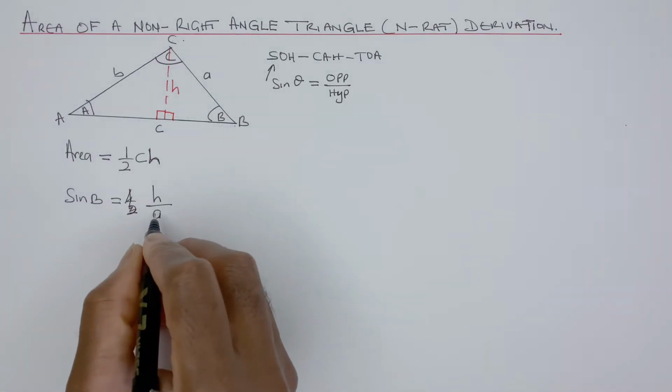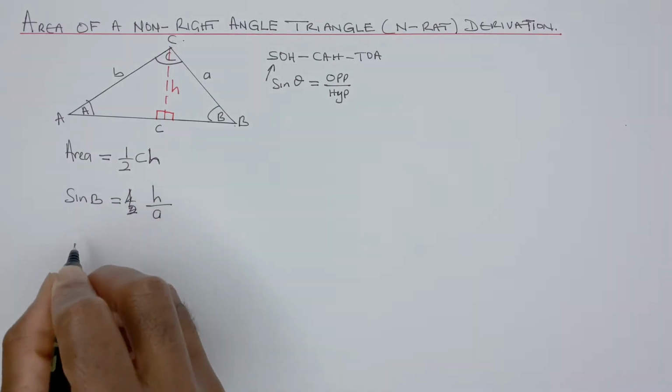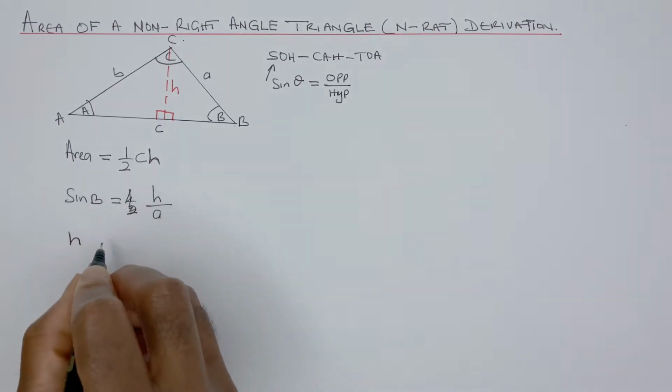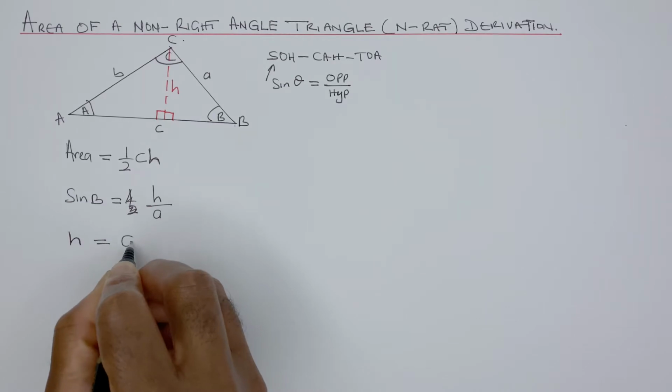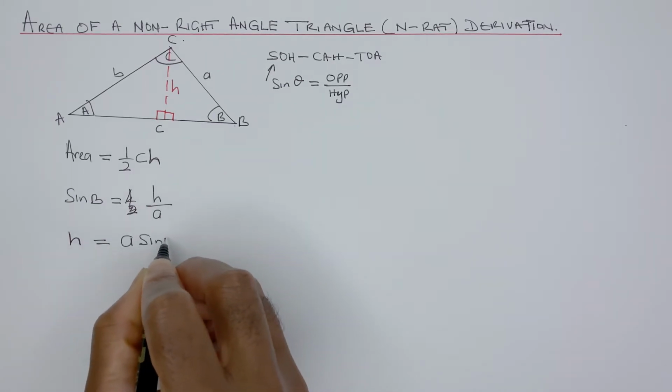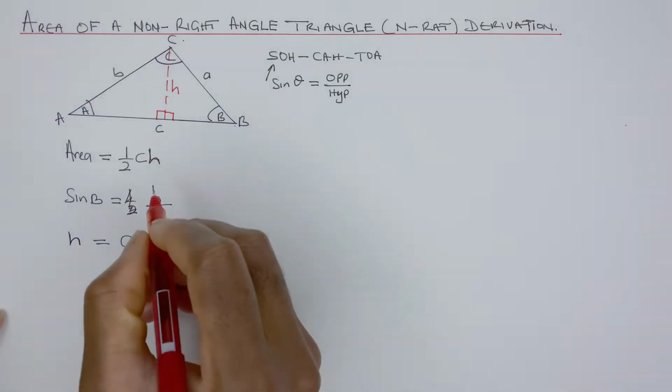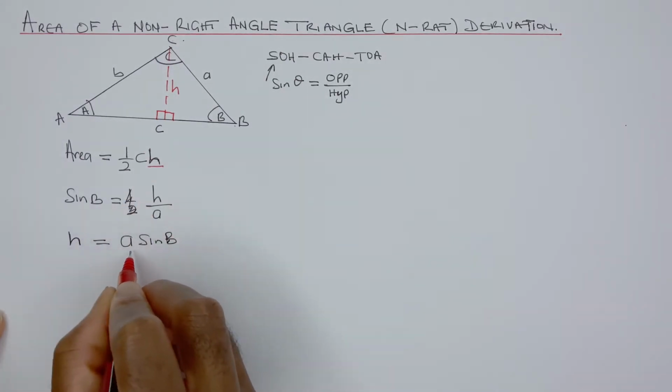Now I need to make h the subject. Multiply both sides by a, so h equals a sine B. Now I replace h here with this value.